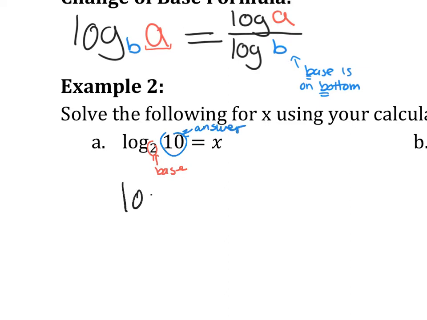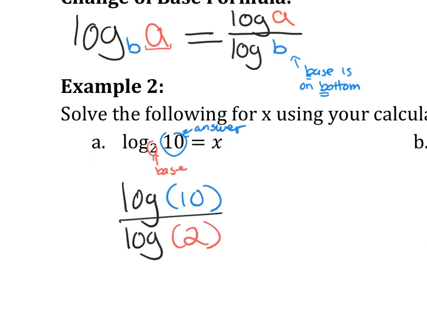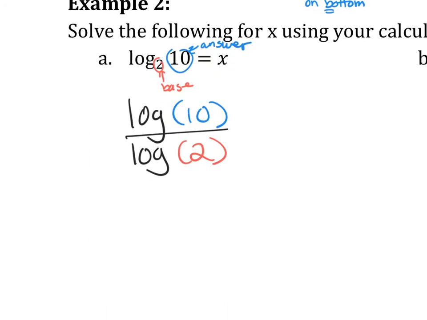So we'd have log of the answer divided by log of the base. Now when you plug this in your calculator, parentheses are very important, and you got to remember that there's 2 logs. It's not log of 10 over 2. It's log of 10 divided by log of 2.